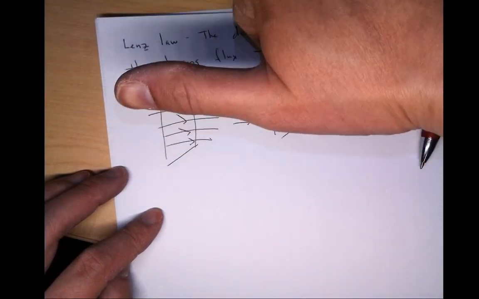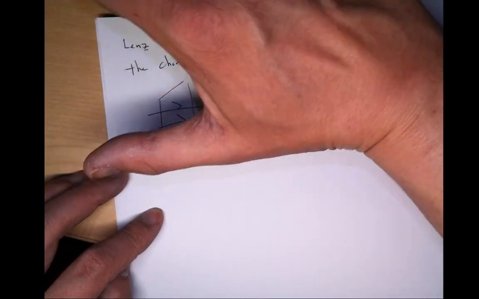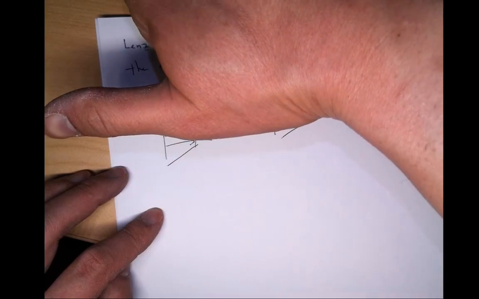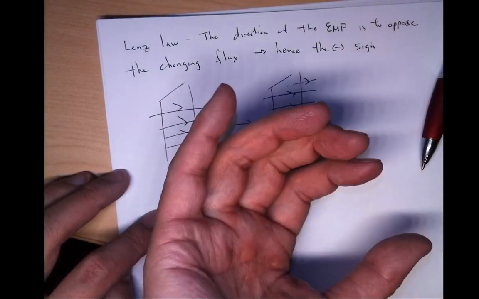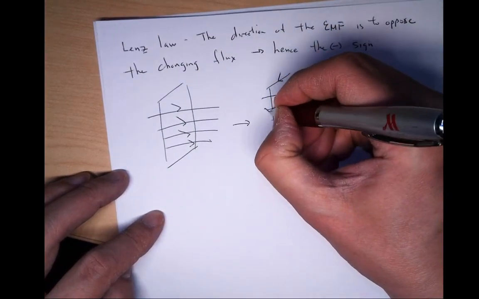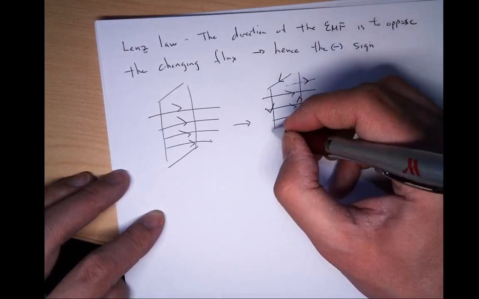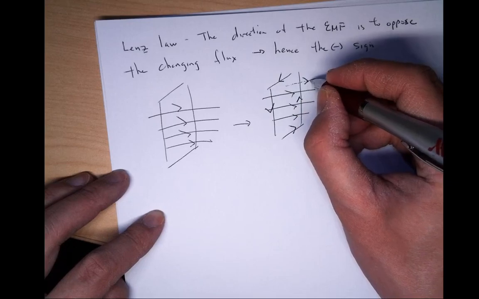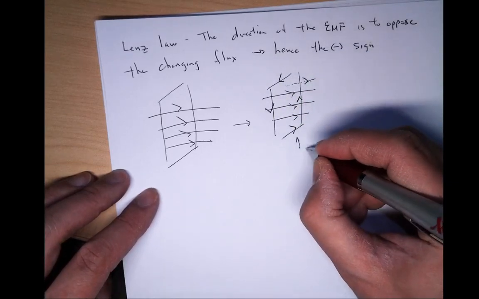So let's see. If I use the right hand rule, you point in the direction of the EMF or direction of current flow, and this will cause it to curl this way. So the EMF goes this way, that way, that way, and that way. Because if you force a current to go in this direction, you induce a new B field that moves in that direction. So that's the direction of the EMF.